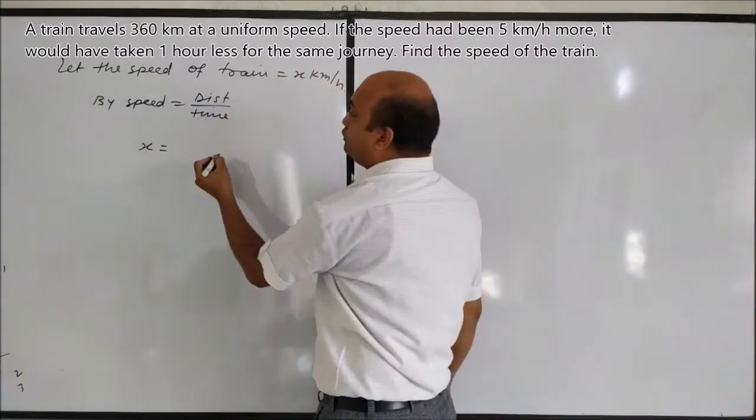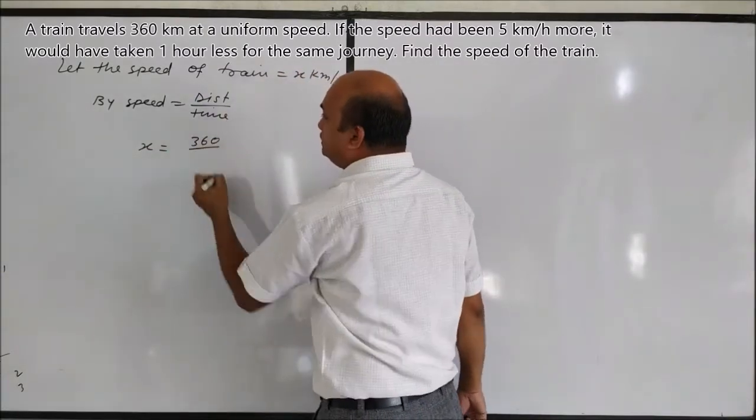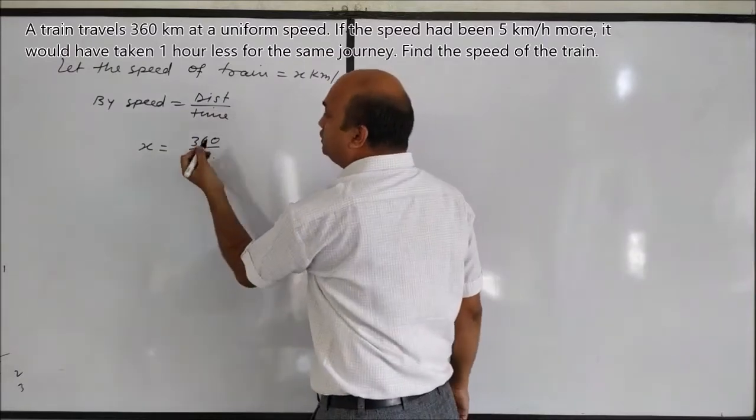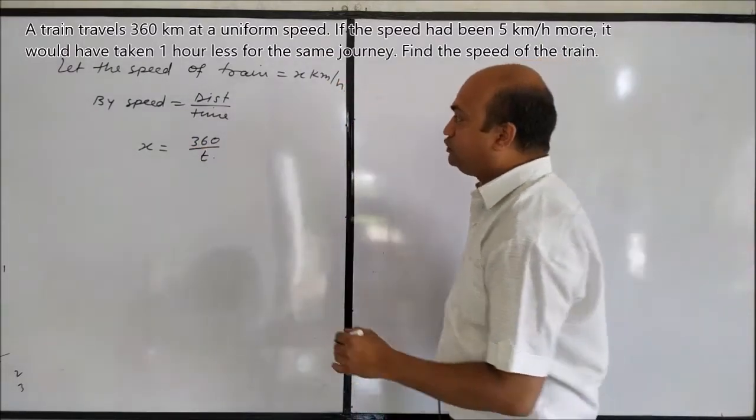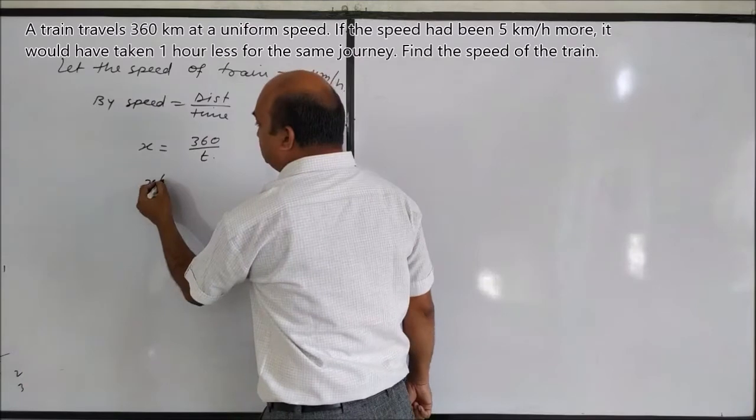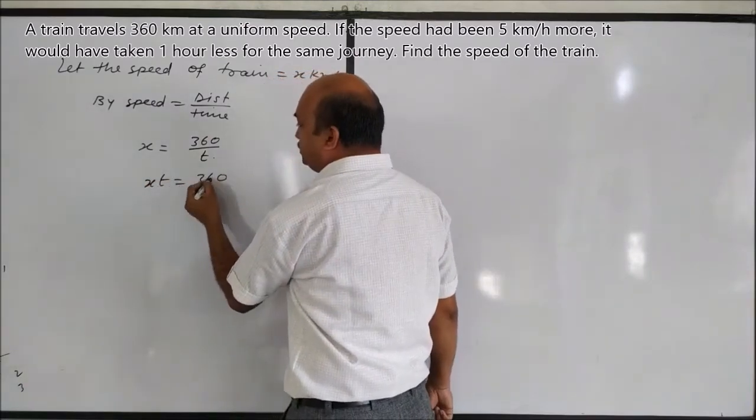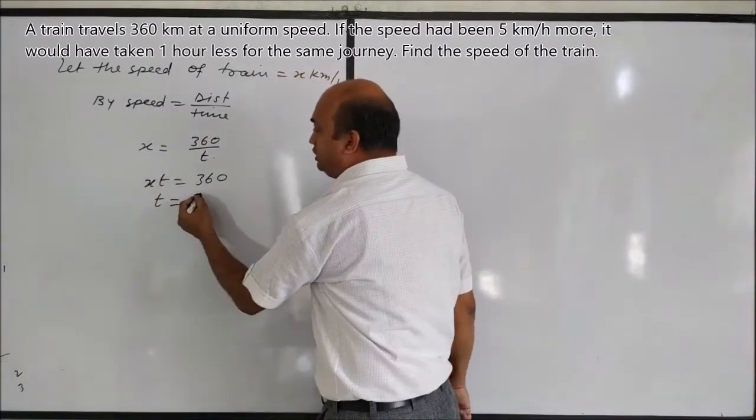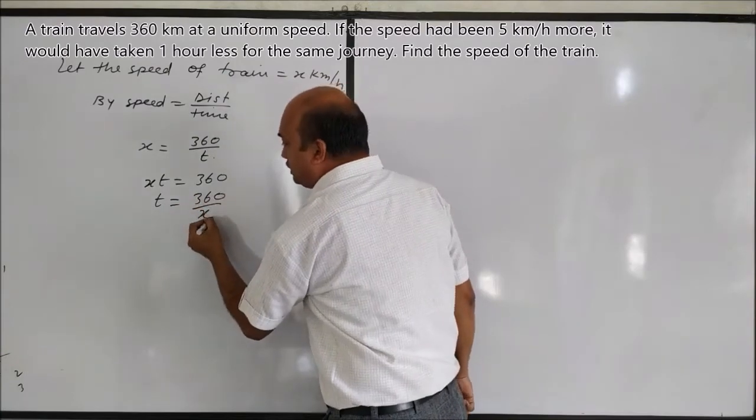It travels 360 kilometer distance in time we consider t hours. So xt equals 360, and t equals 360 by x.